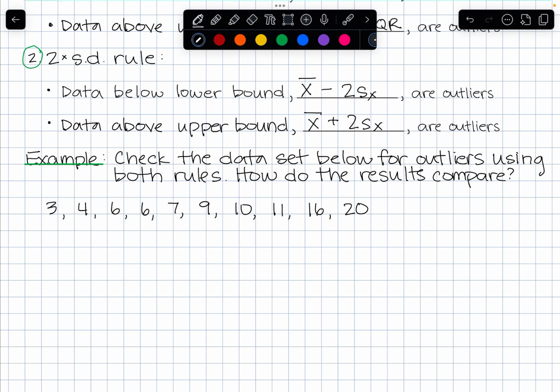You'll notice in this example it said check for outliers using both rules. How do the results compare? So we want to look at the difference between how the IQR rule and the standard deviation rule identify outliers. So we'll start with the 1.5 IQR rule.